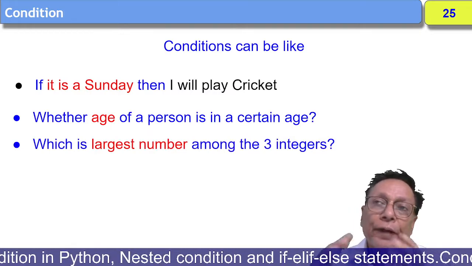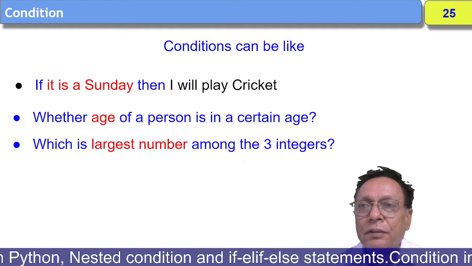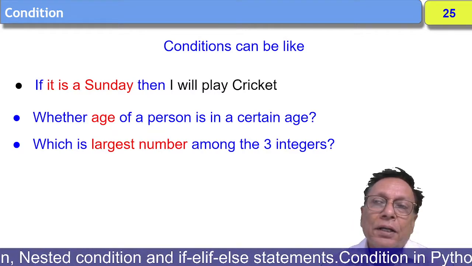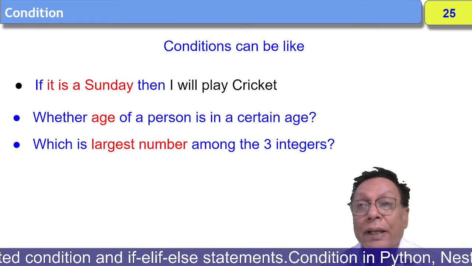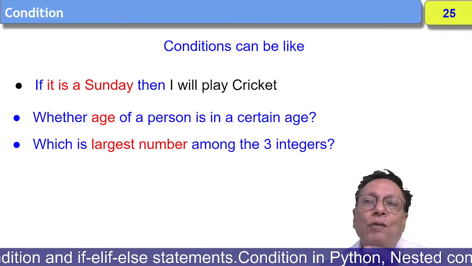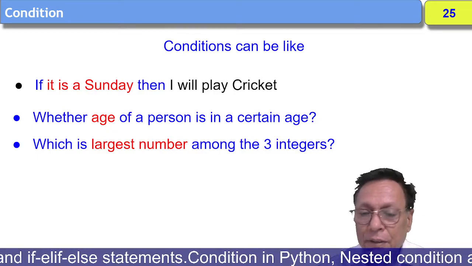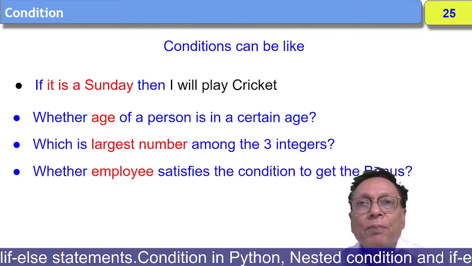If you want to find out the biggest one out of three integers, you will have to check which integer is the largest. So again, there is a condition, because you want to check which one out of three is the largest. Or whether an employee satisfies the condition to get the bonus.